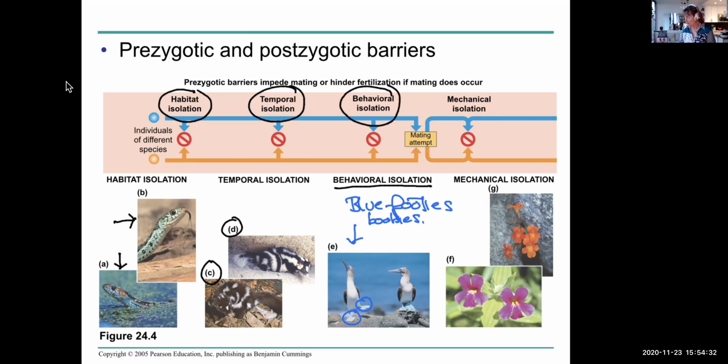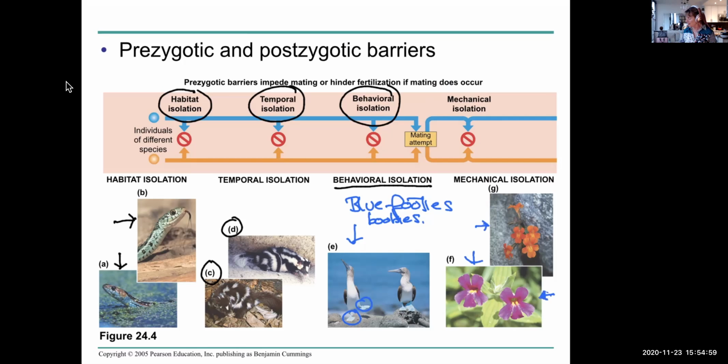So that is a mating attempt, but mating can occur between some individuals, like these flowers, for example. The pollen from one could quite easily fall on the stigma of another plant, but the other plant does not have the right binding site for that pollen.